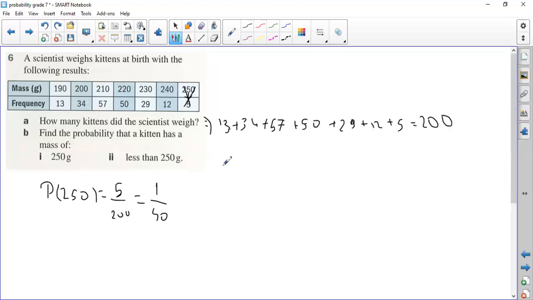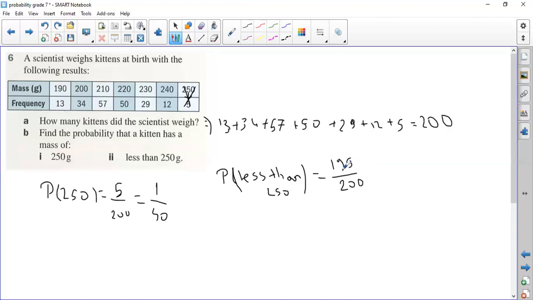So what is the number that is less than 250? 200 are in total, minus 5, it will be 195 over 200.